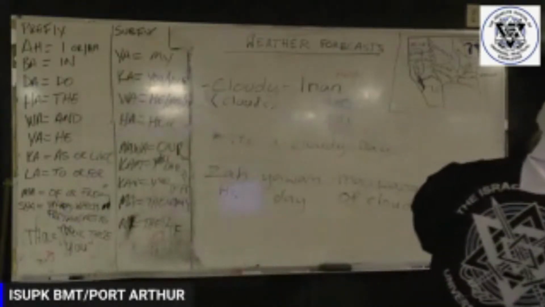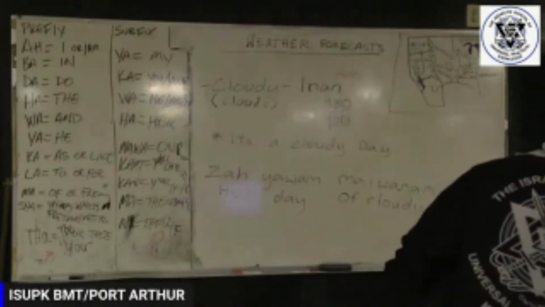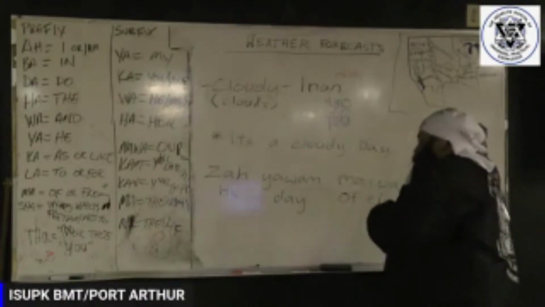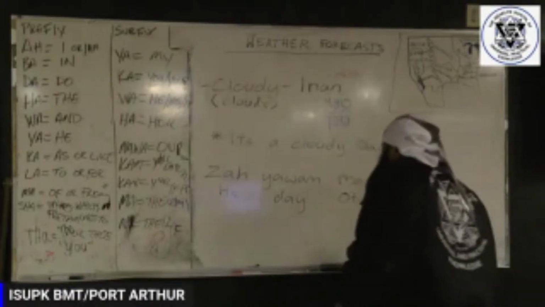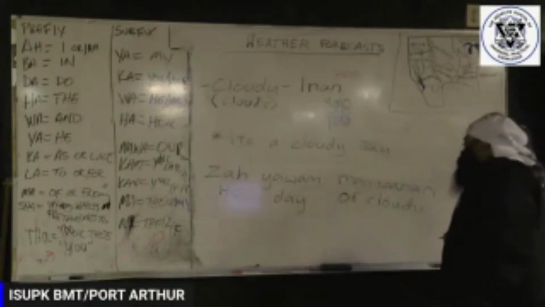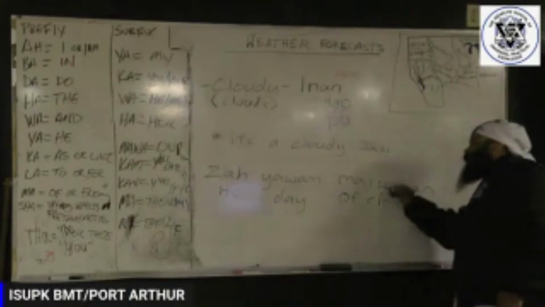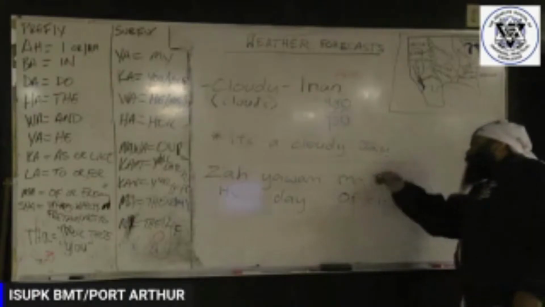So I'm gonna write this in the Hebrew, and then we'll move on to our next forecast. So in writing in Hebrew, remember, we're writing from right to left. So I'm going to write the za on this side, and the ma'awanan is going to be on the opposite side.